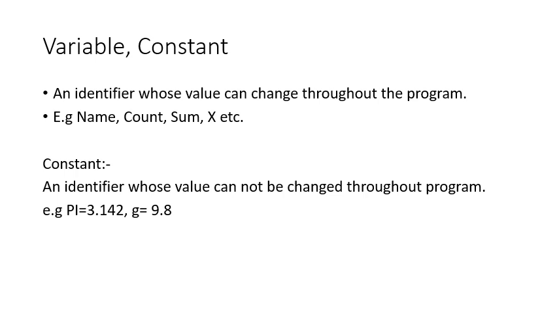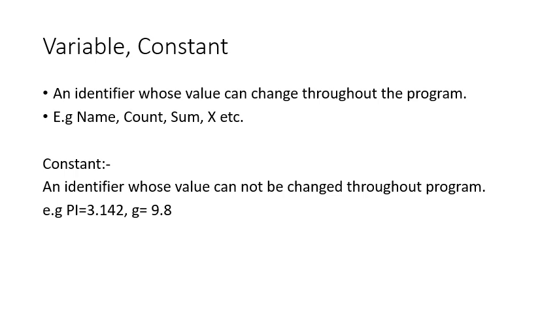The pi value in mathematics is 3.142. Throughout the program, it cannot be changed. We never hear that the pi value is 4.8 or like that. The pi value is always 3.142. So such values which cannot be changed throughout the program are called constants, whereas values which can be changed throughout the program are called variables.